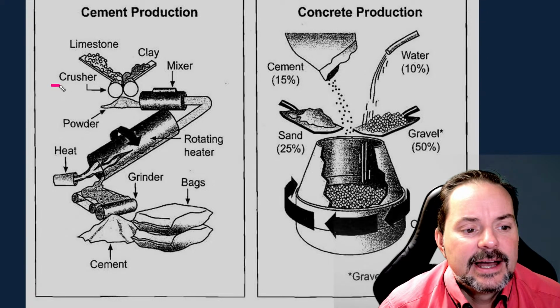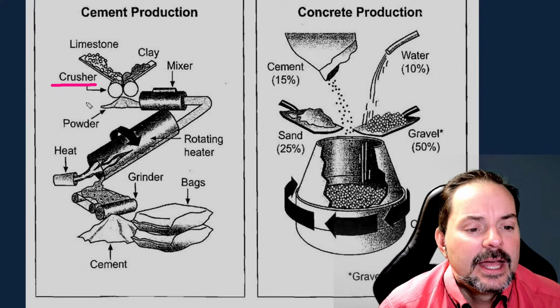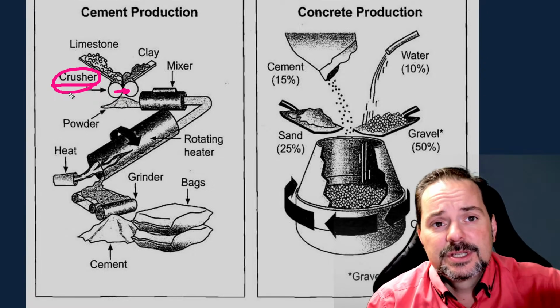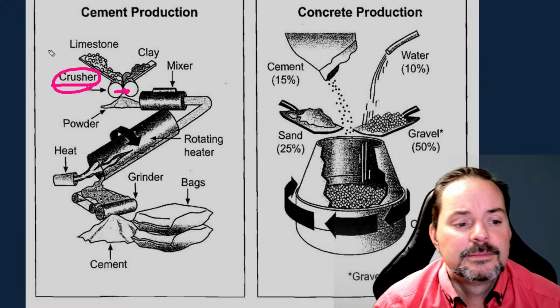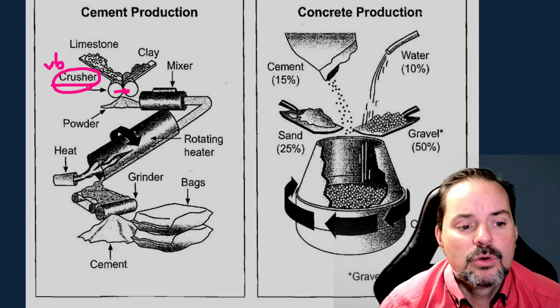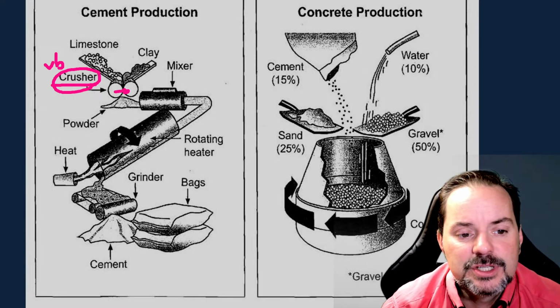So here we have a crusher. Okay. And I'm guessing that this here is the crusher. It crushes. Pay attention to verbs in these types of diagrams. This is a noun, of course, but the crusher crushes. So it's crushing limestone and clay.